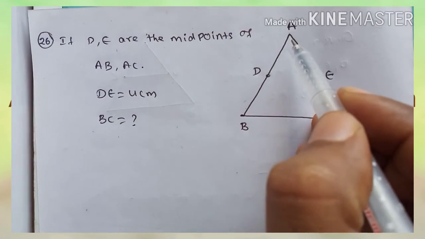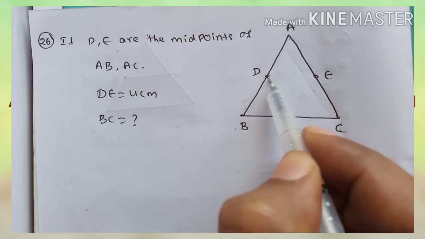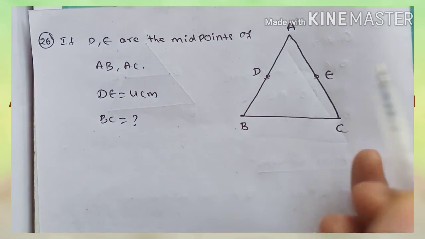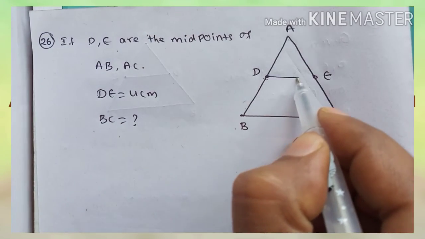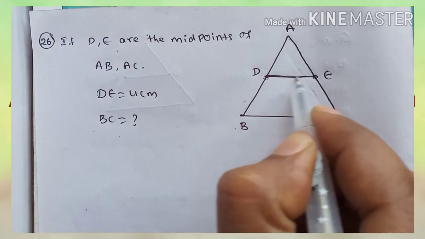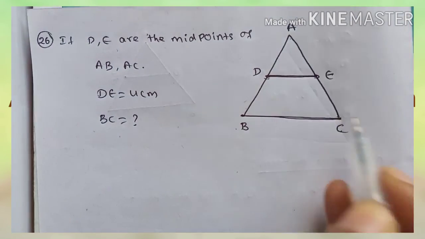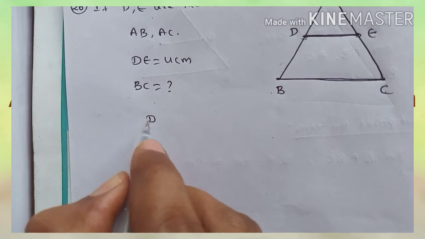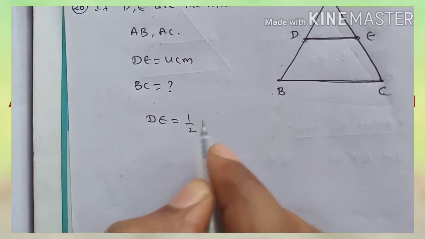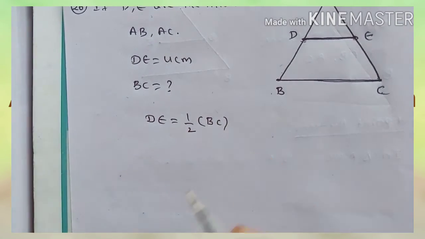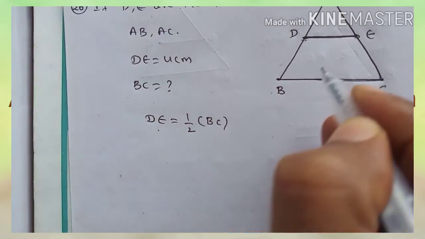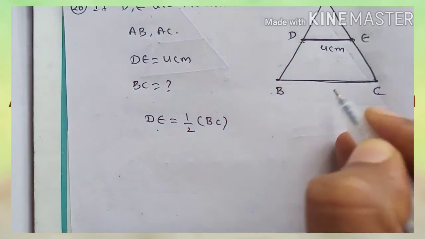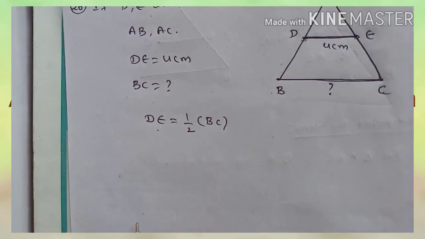Given in triangle ABC, D and E are the midpoints. So if we join a line, DE length is half of BC. From the midpoint theorem, DE length is equal to half of BC. But the DE value is given as 4 centimeters, then what is BC?